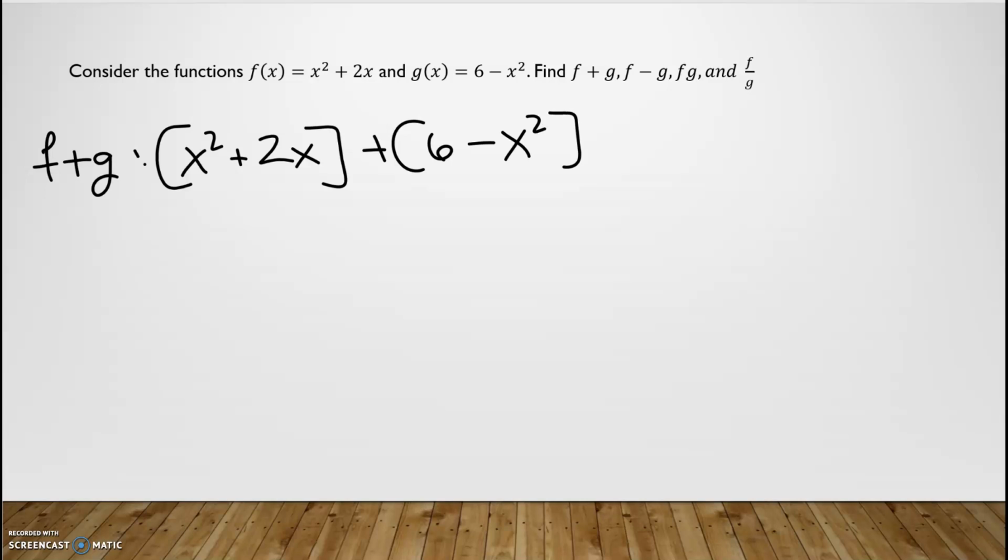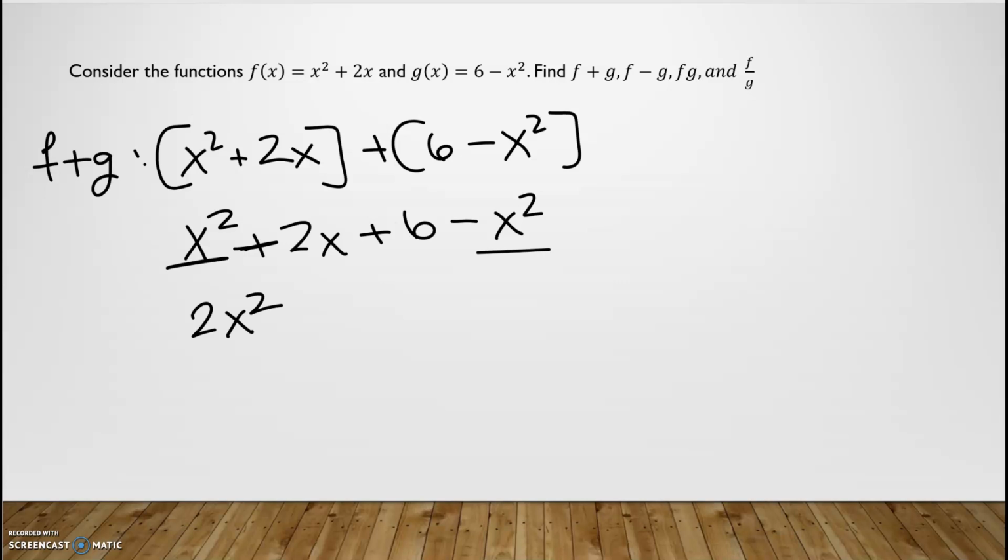Now with addition, I can drop the brackets and just have this right here. So I have 2x squared, I'm just combining these two, plus 2x plus 6. And actually, sorry, this one is a positive, this one's a negative. They actually cancel out. And so what I have is this right here. So f plus g is equal to 2x plus 6.